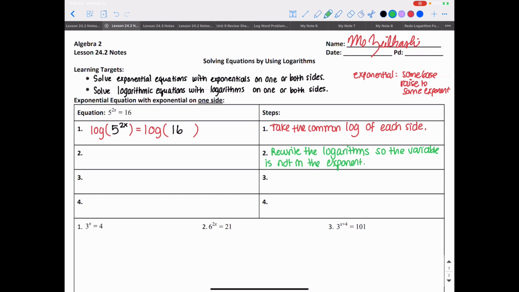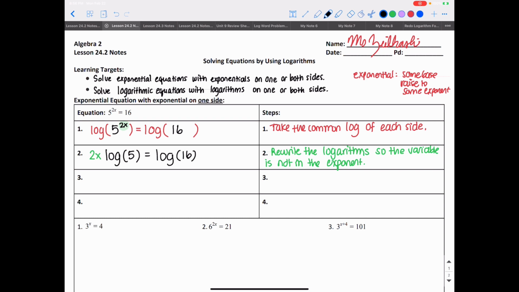Okay, and I know from the last lesson, my rule is that if I have an exponent inside of the logarithm, I can move that exponent to be a coefficient instead. So I'm going to move that exponent to be a coefficient instead. So I have 2x times log of 5 is equal to log of 16.